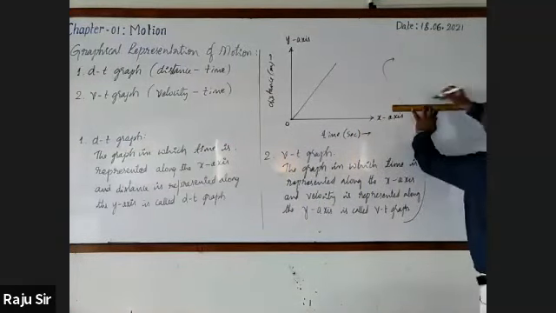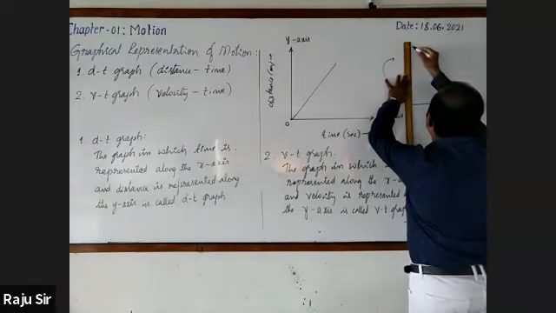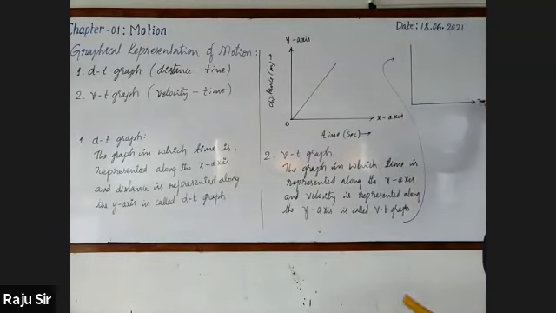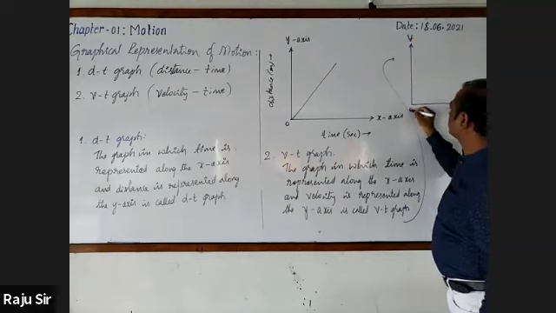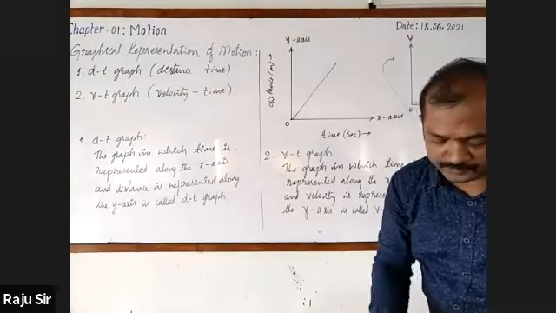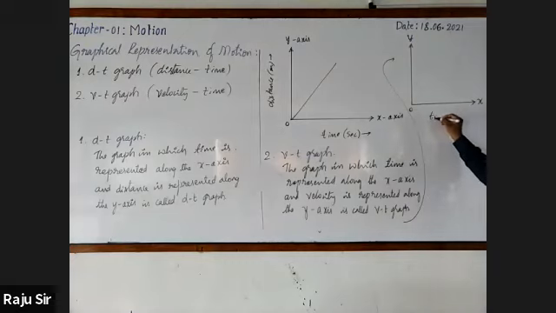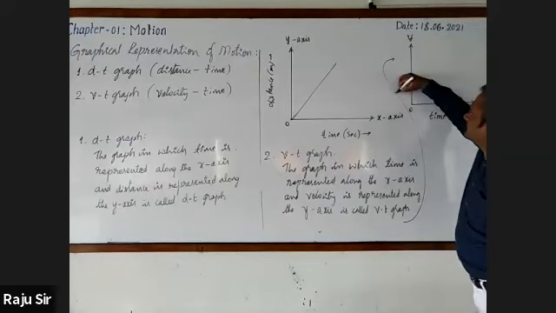Here, this is x-axis and this is y-axis. Both will intersect at a point. Call it as O. Then along x-axis, we all know that time should be taken, in bracket, seconds. Along y-axis, velocity should be taken.